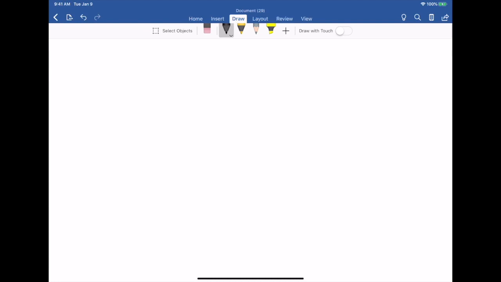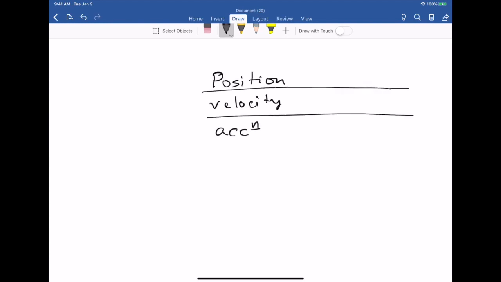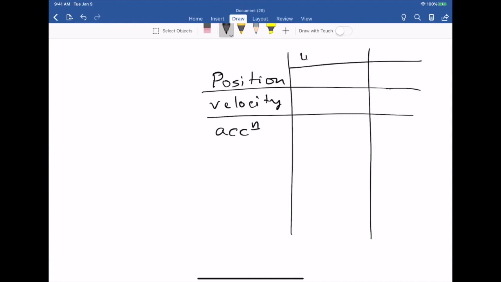So we have various variables like position, and then velocity, acceleration, right? And we write down the linear variable and the angular variable.